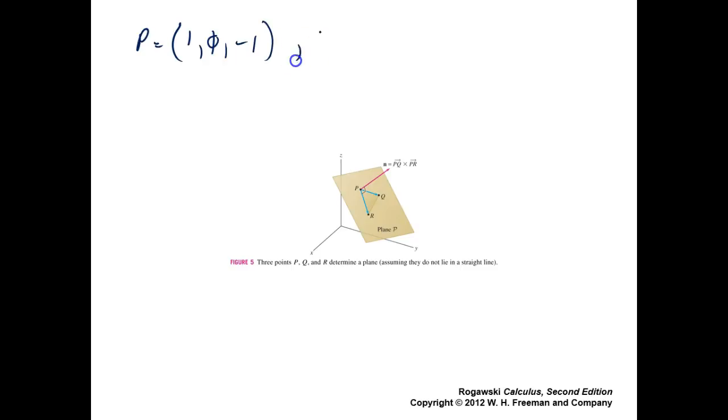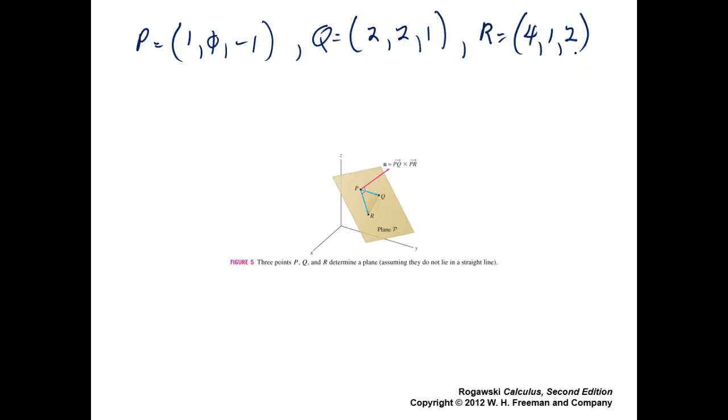Here's another one, Q, a point, and that's (2, 2, 1). And here's R. R is the point (4, 1, 2).